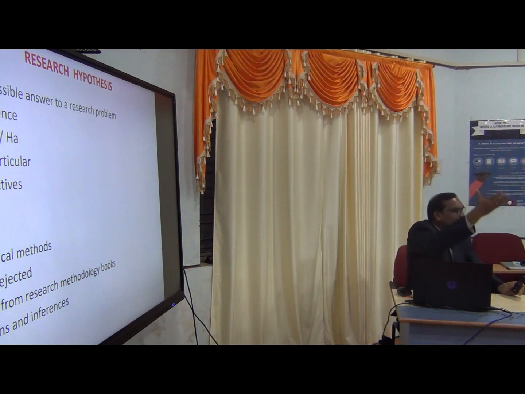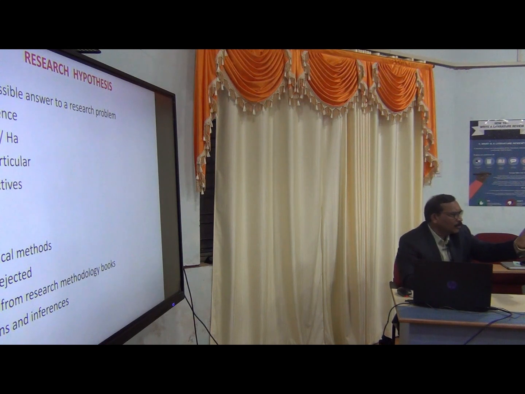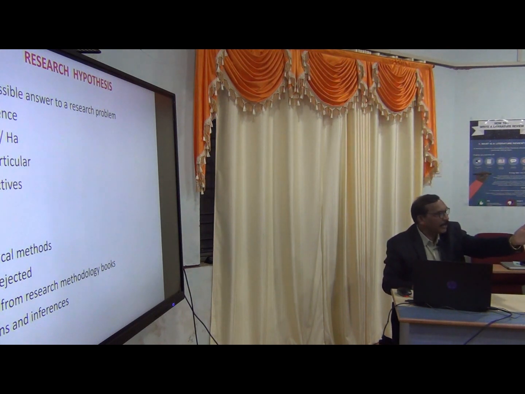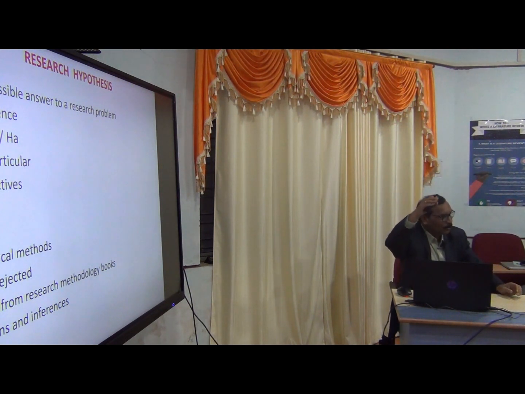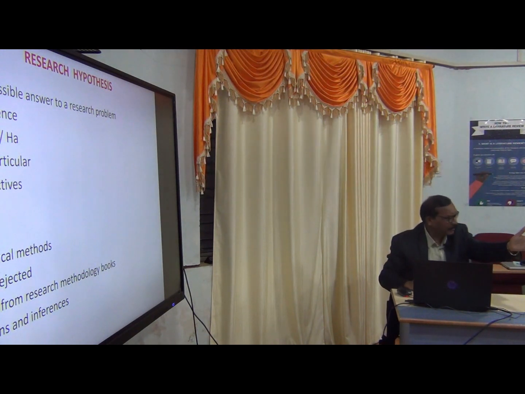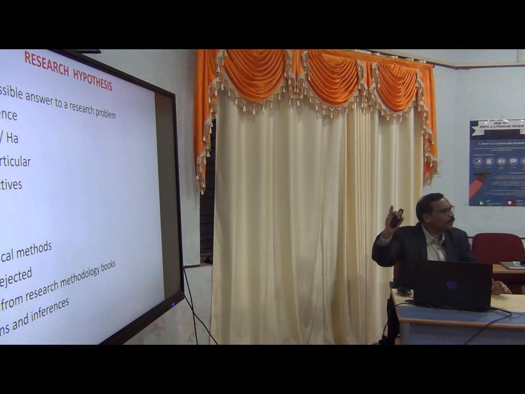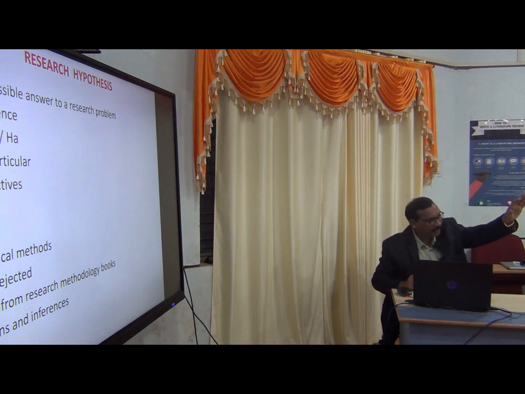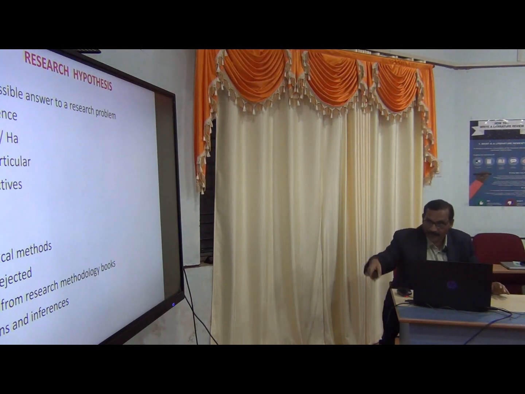With respect to the test statistic, the null hypothesis should have a negative meaning and the alternative hypothesis should have a positive meaning. Null means negative, and alternative means that the government is playing a very significant role in higher education development in India. This is about the research hypothesis.